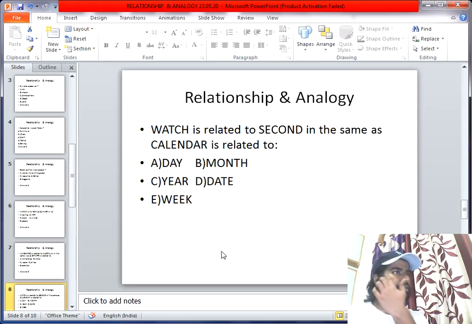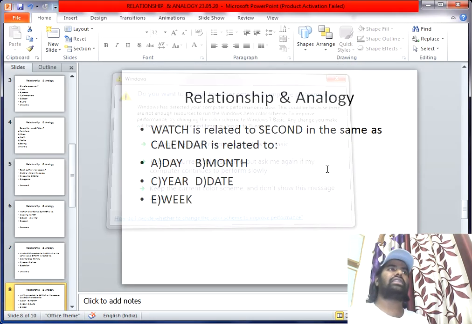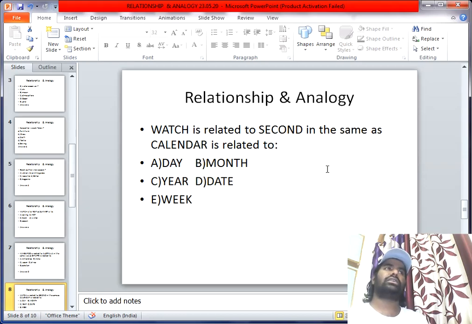So the next one is that watch is related to second in the same way as calendar. So this one I thought of not writing an answer, because it is a day-to-day thing, and we might be able to figure it out by ourselves. The right answer will be a day, right?